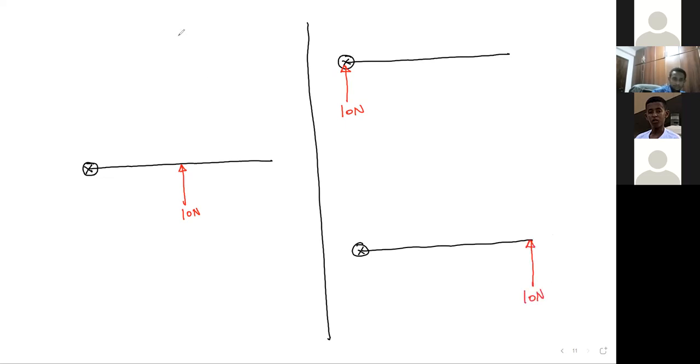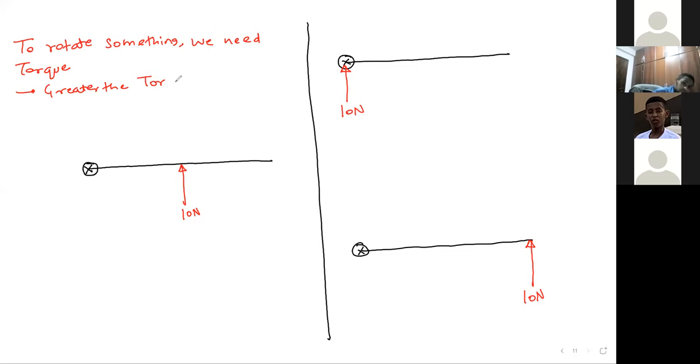Now we know that to rotate something we need torque, right? And we also know, the greater the torque, the easier it is to rotate.